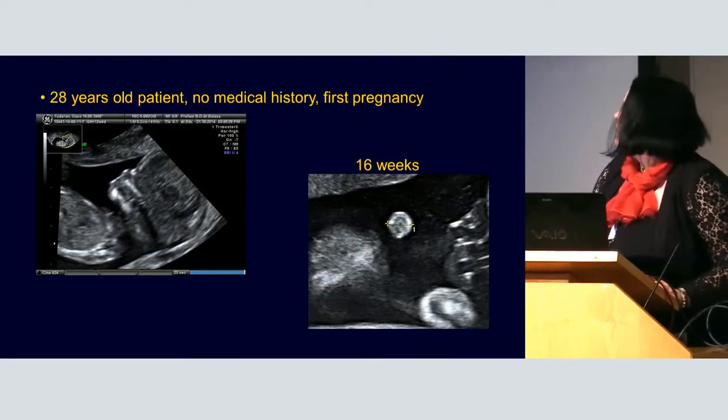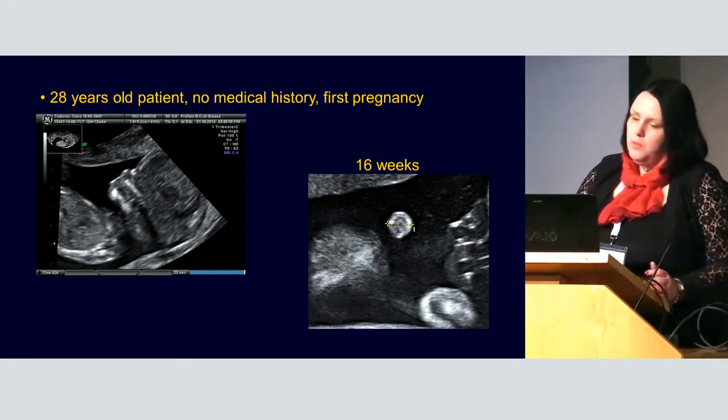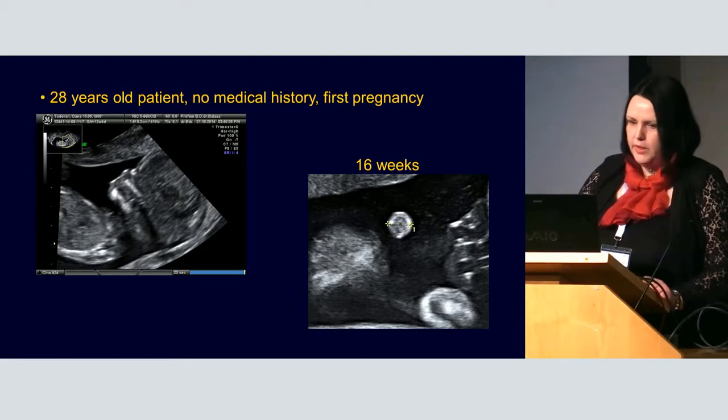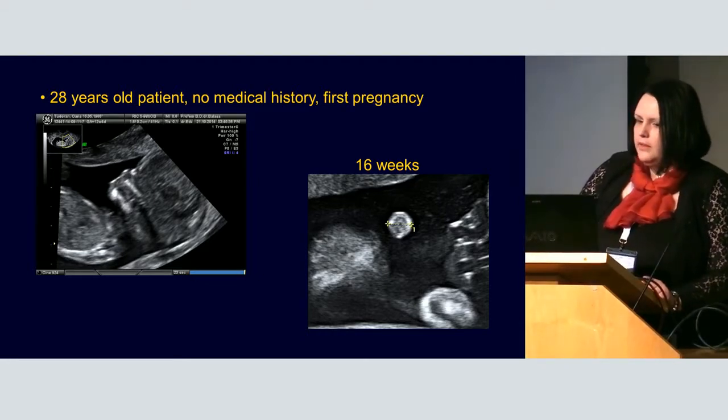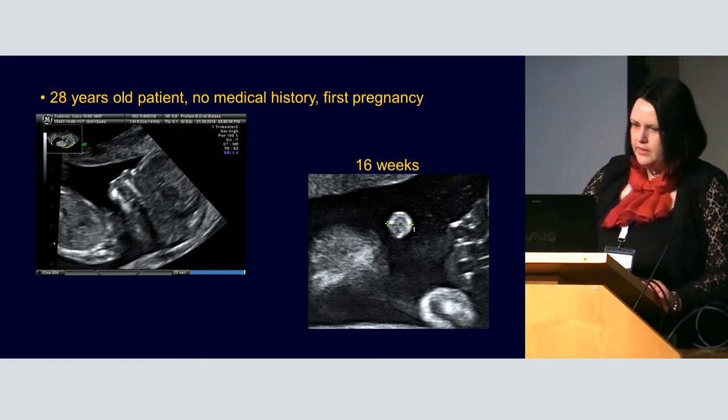Fortunately it will work, because my first case has some movies that didn't work for now. So my first case for today was diagnosed and followed up by me and by my colleague, Dr. Eduard Balasha. We had a 20-year-old patient with no previous medical history, at her first pregnancy.